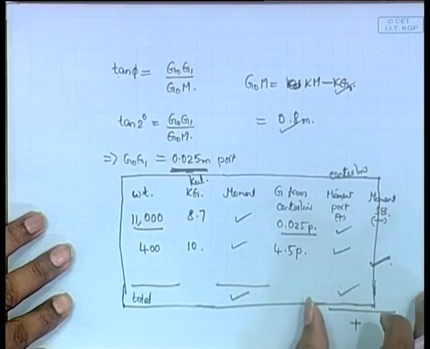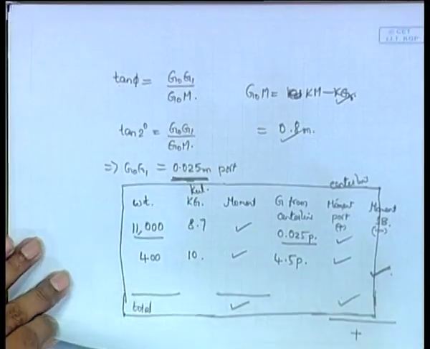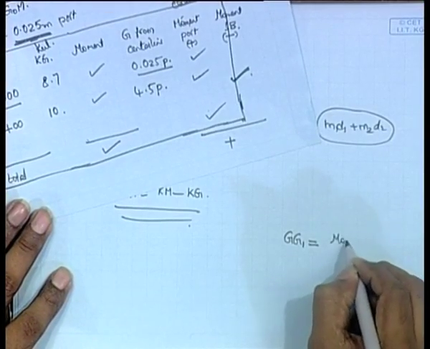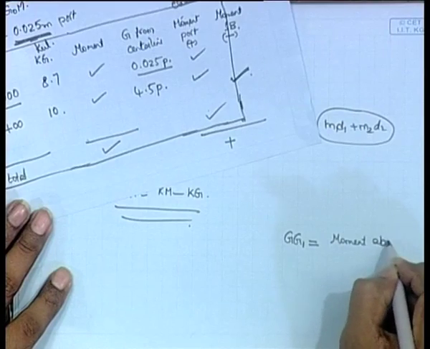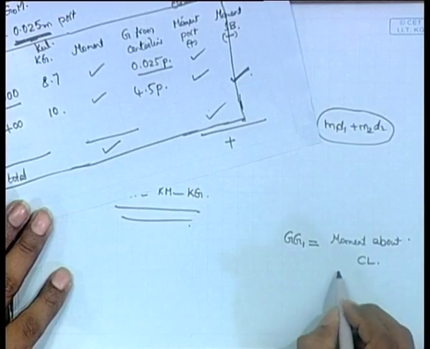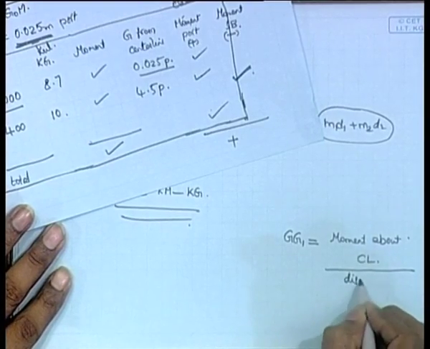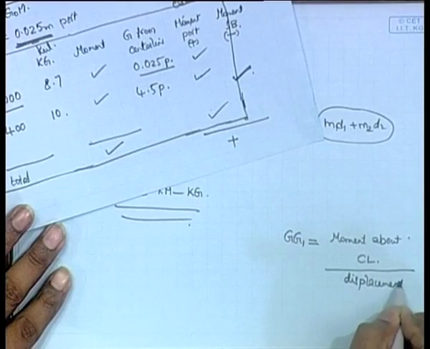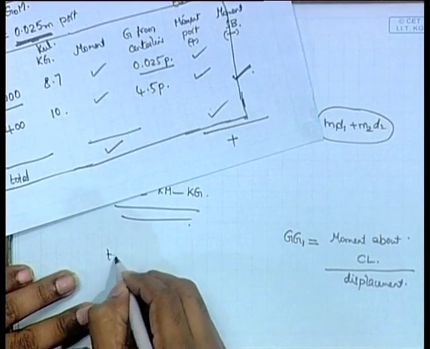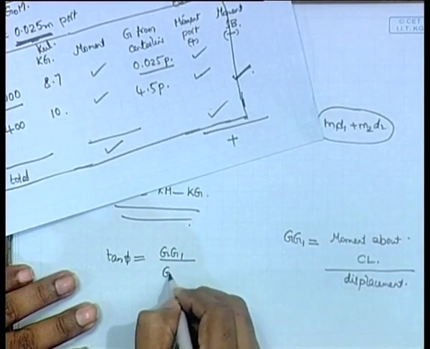When you divide the net horizontal moment by the total weight, it will give you the net horizontal movement of G. So GG1 equals the moment about the center line, note that this is again about the center line, divided by the displacement. You just do that, and then we finally apply the formula tan phi is equal to GG1 divided by GM.